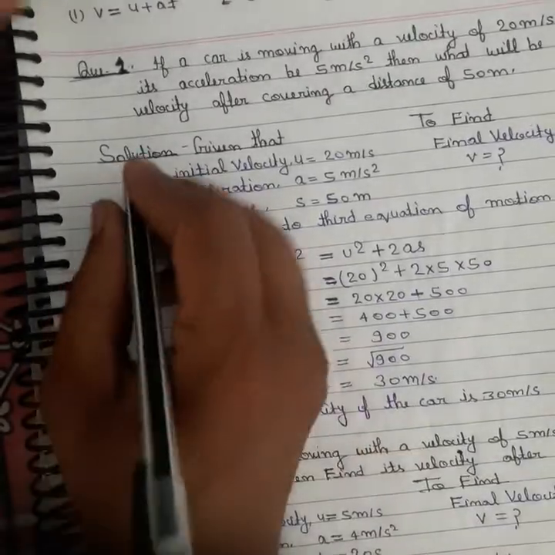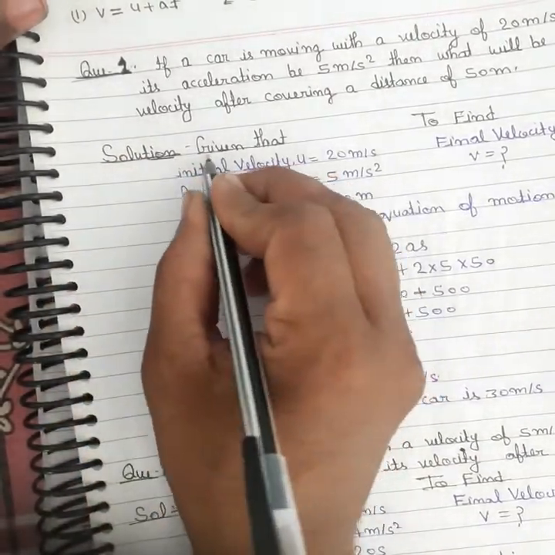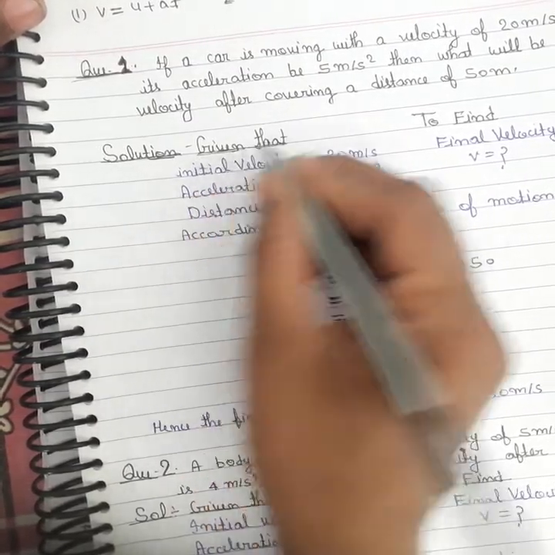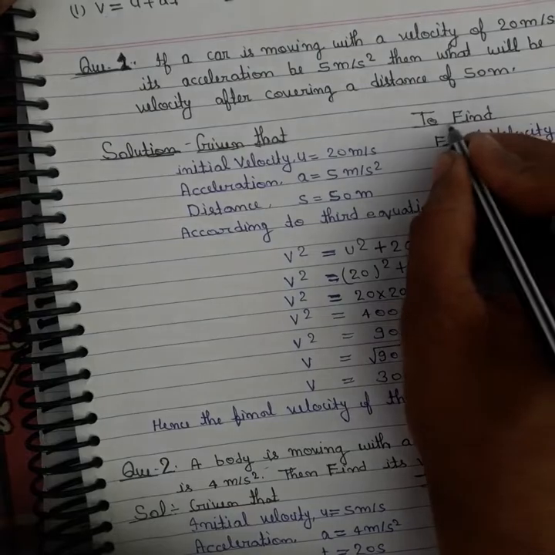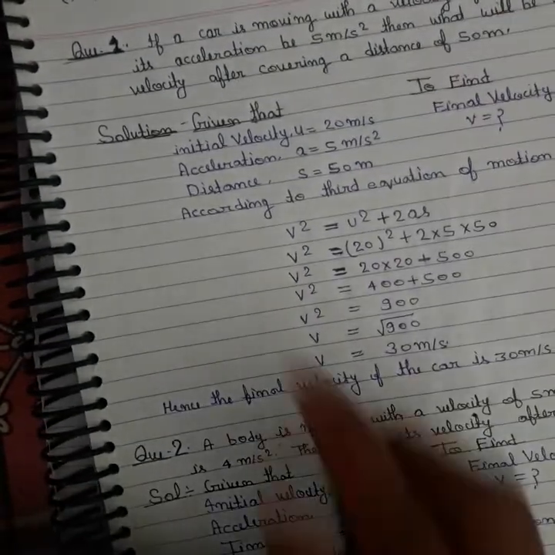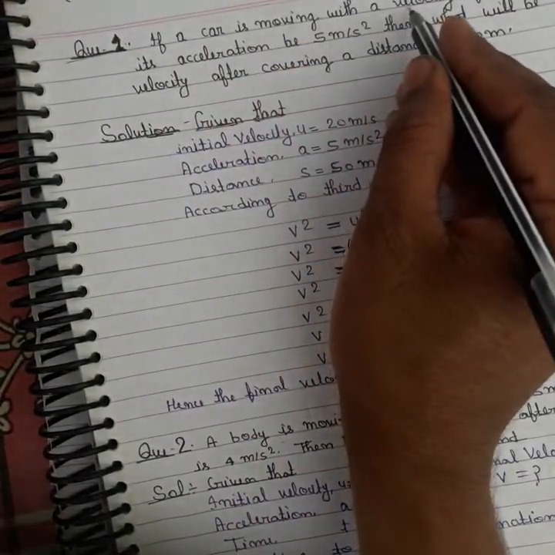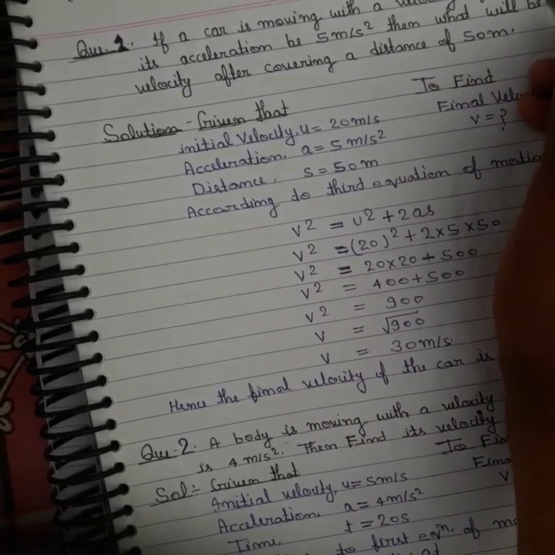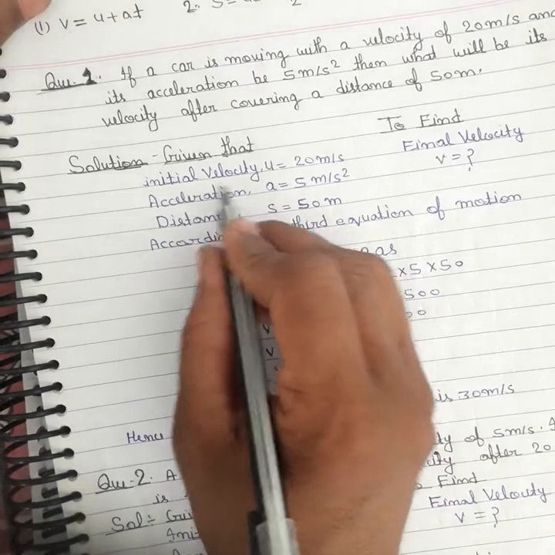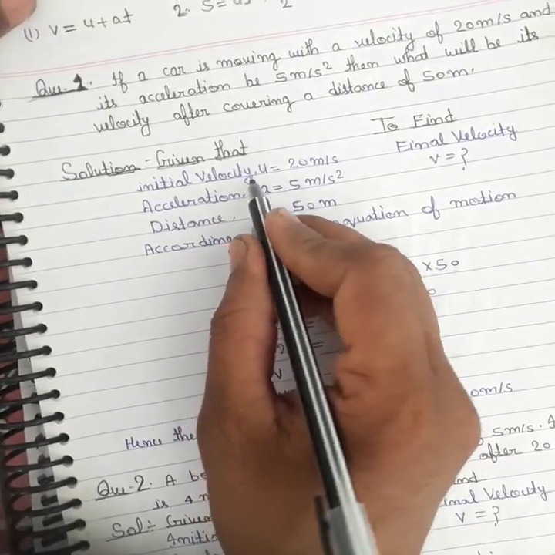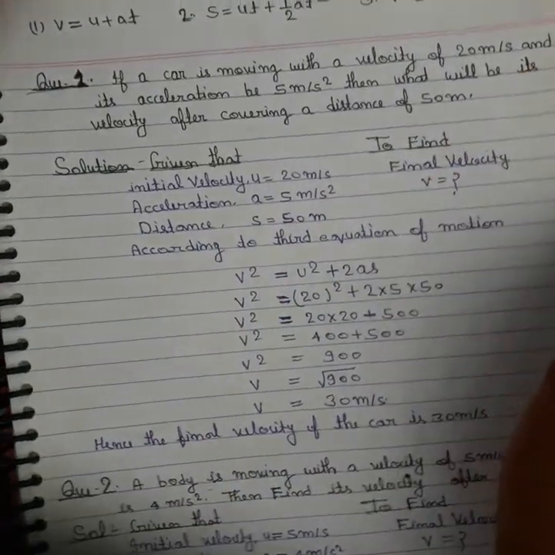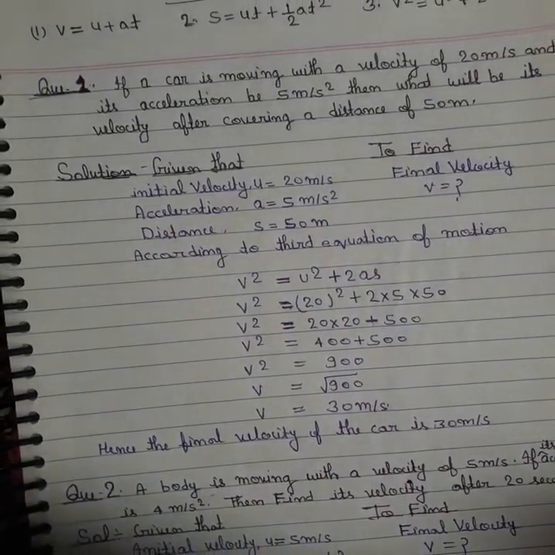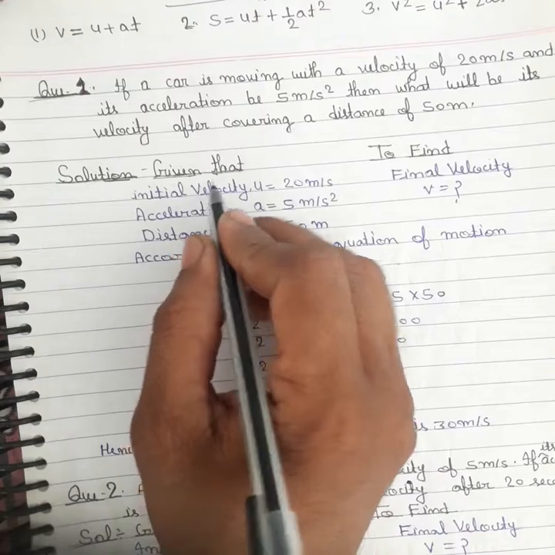First, you make a solution here, with what is given in the question, and what is to find. If a car is moving with a velocity of 20 meter per second, the initial velocity of the car is 20 meter per second, and initial velocity is indicated with u.